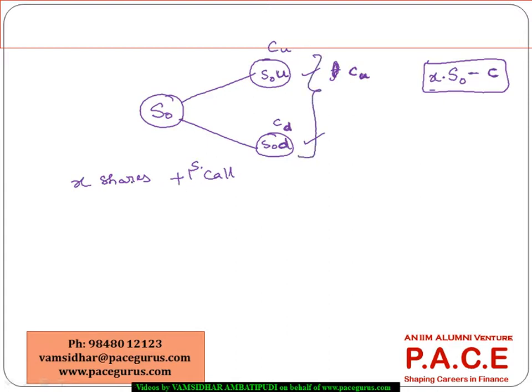But I'm creating a portfolio in such a way that after 3 months or after whatever time period, whether the stock price touches this or this, the portfolio's value is going to remain unchanged.